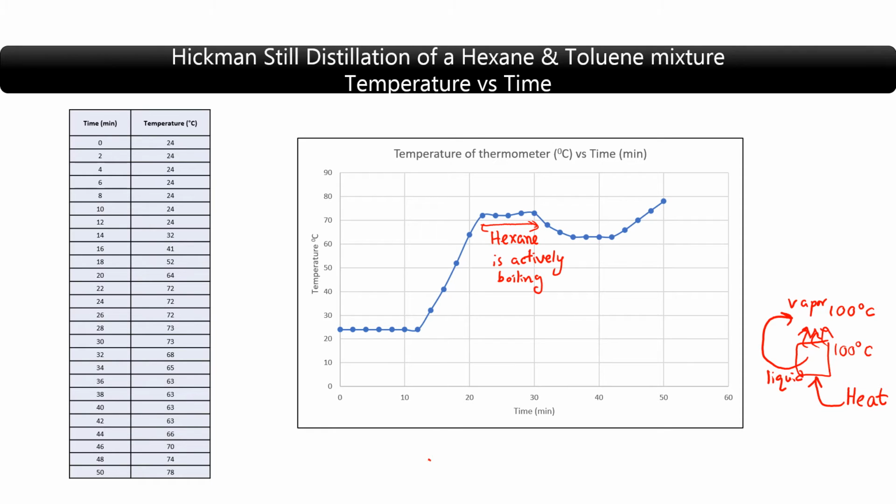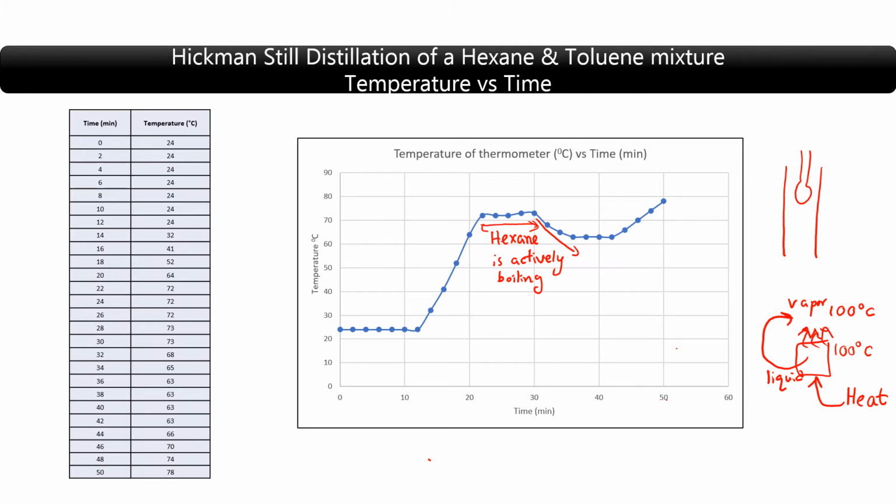So it's going to be a while until the hot toluene vapors reach the thermometer bulb, right? So temporarily, the thermometer bulb does not have any hot vapor around it. So that's why we see a decrease in temperature in the next several minutes.